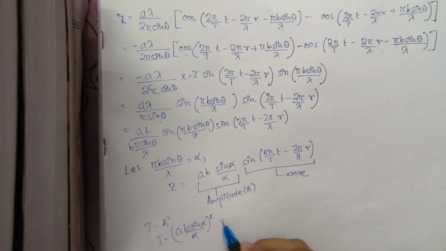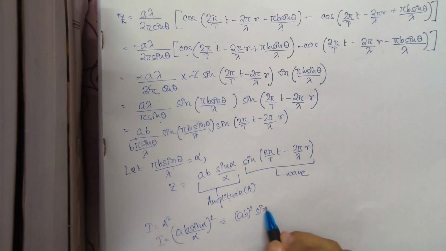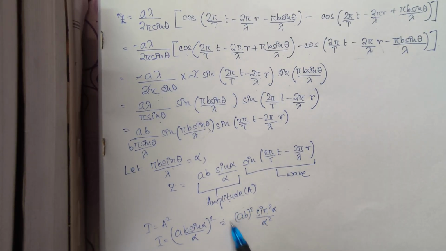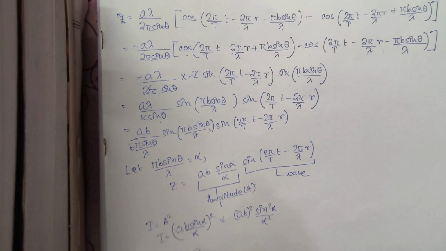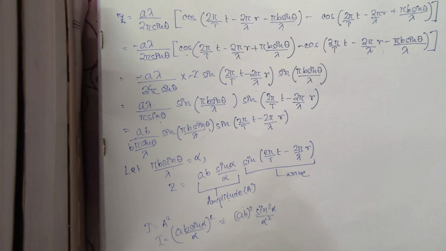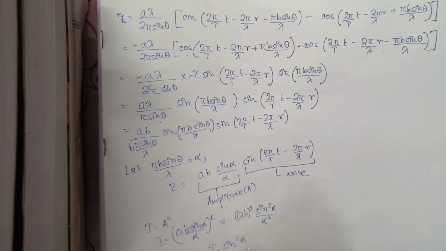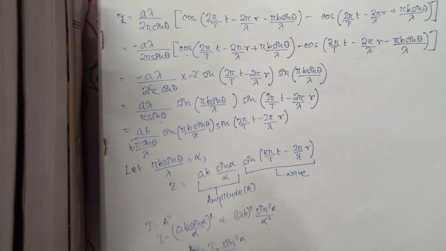That is a b whole square into sine square alpha by alpha square. So I can let (a b) whole square be I naught, that is the initial intensity. So I equal to I naught sine square alpha by alpha square.